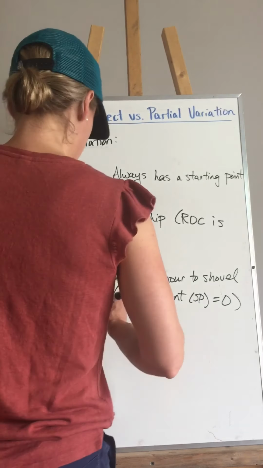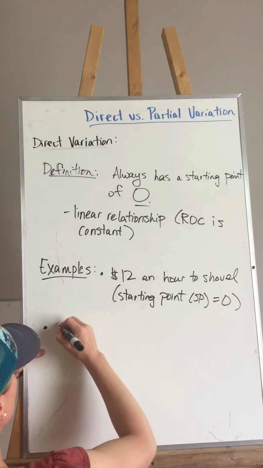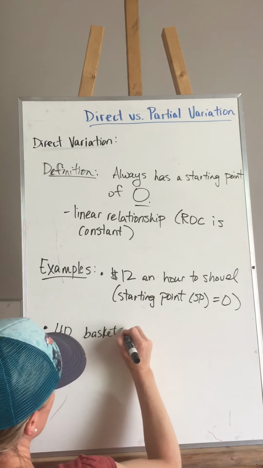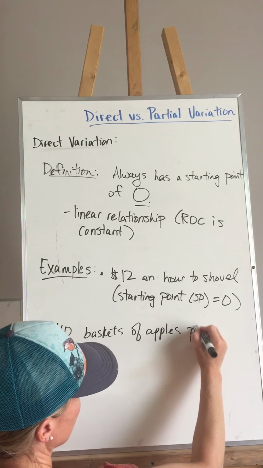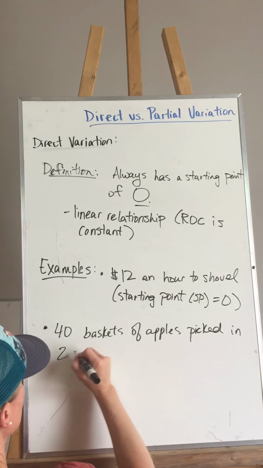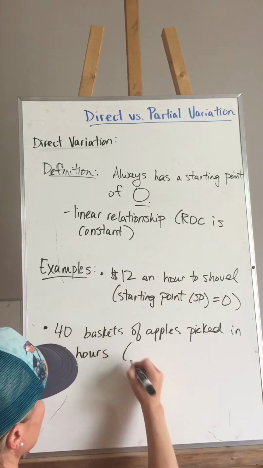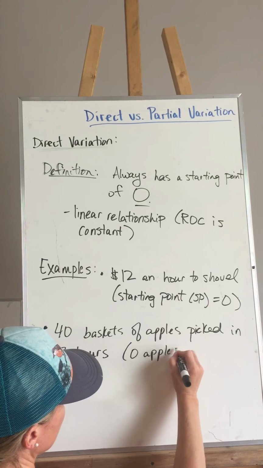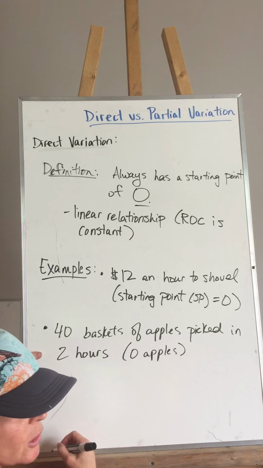Okay, another example, 40 baskets of apples picked in 2 hours. Okay, and it's direct variation because when you start picking, you have 0 apples. So starting point is 0. Okay, and last example, these are all on that sheet.